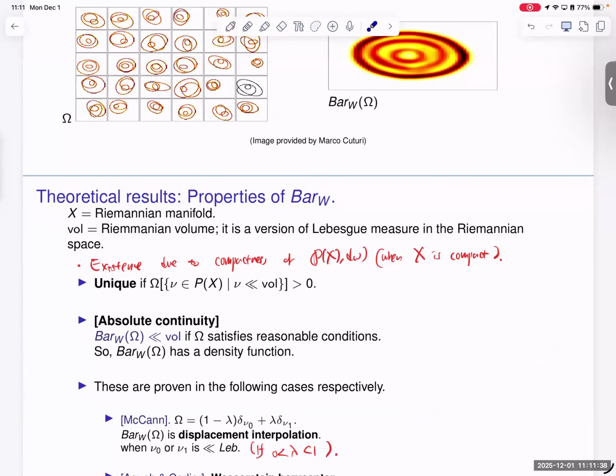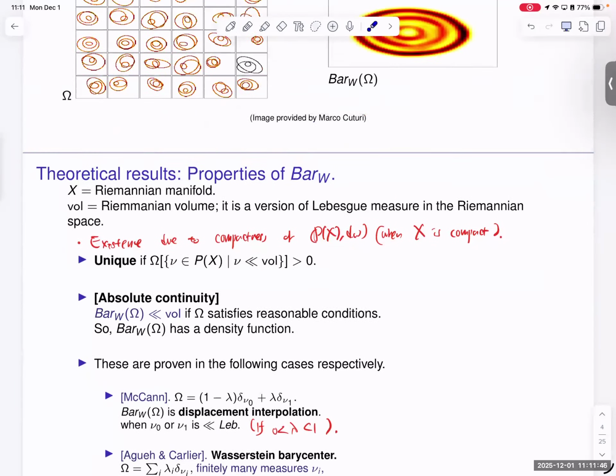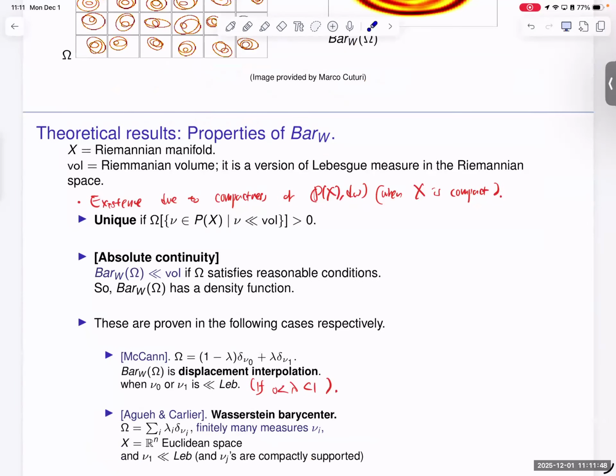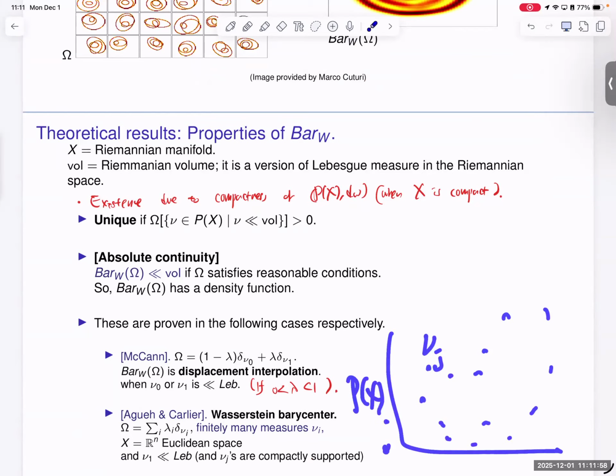But of course, Wasserstein barycenters consider more general measures, let's say omega. You can consider many measures in your space of probability measures. Then you can consider the distribution of those measures.